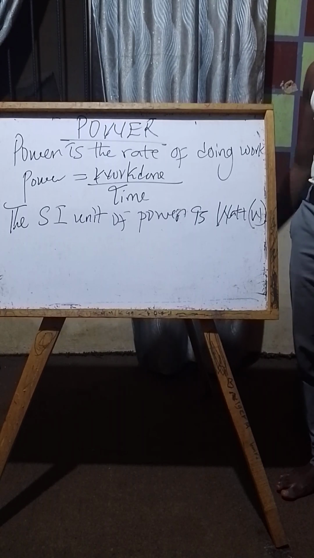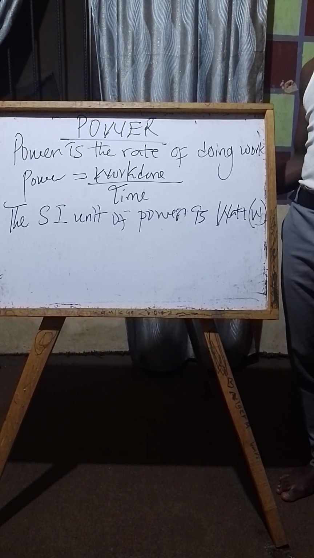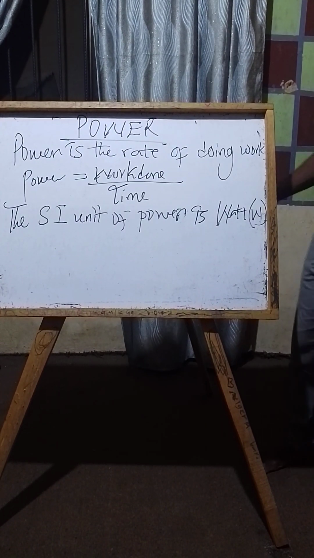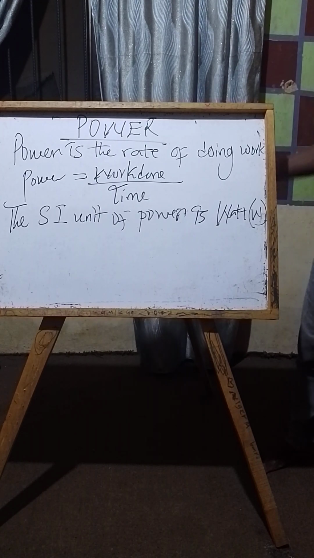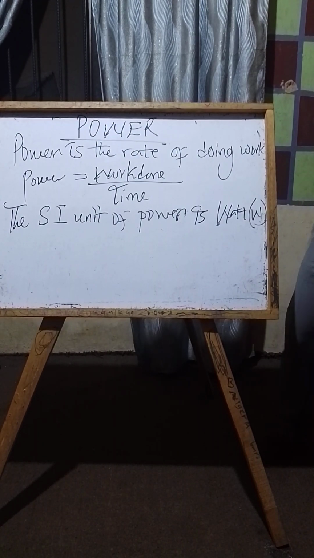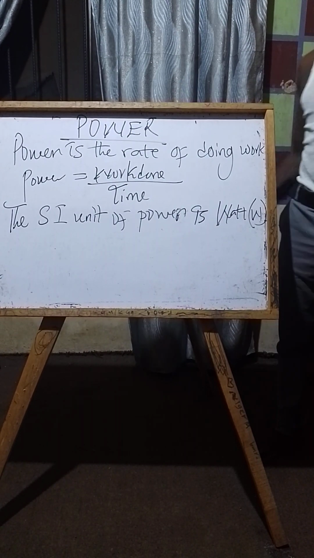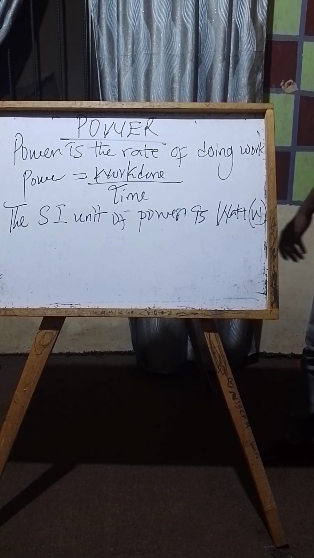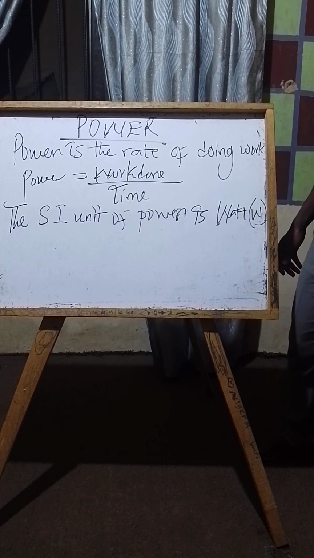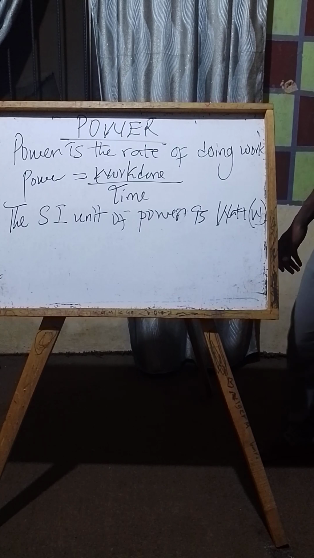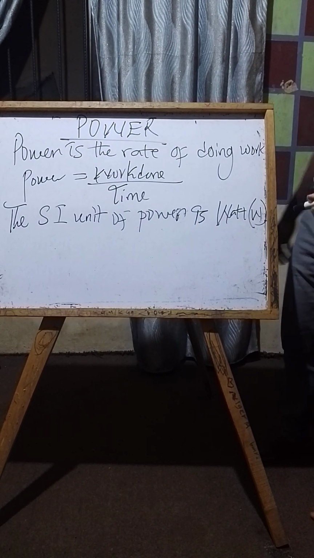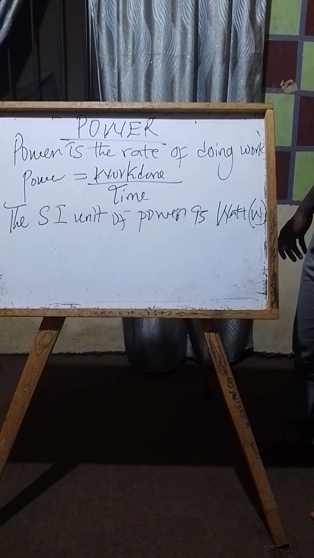Check your refrigerator, you will see sometimes 1500 watts, 500 watts. Check your electric iron, they put these things in watts so that you can understand that these devices have power ratings. Is that clear? So power is measured in watts. Are we together?